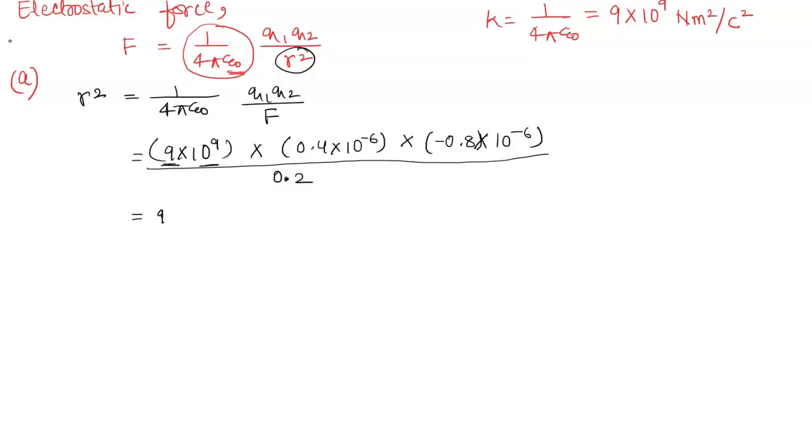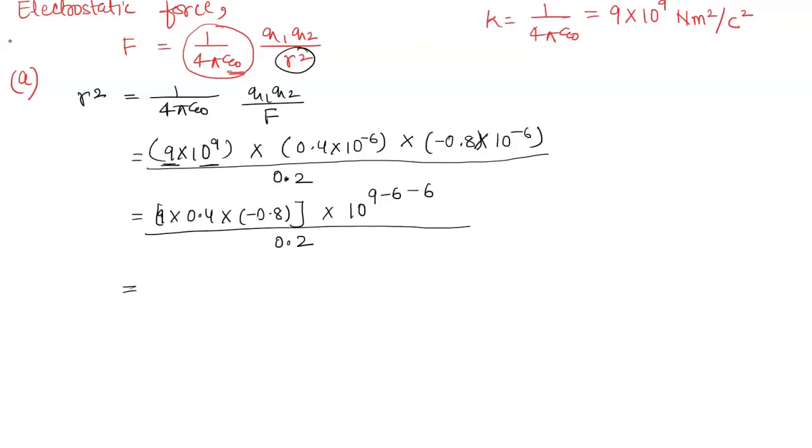The numerical term is 9 into 0.4 into minus 0.8, and for the power term, when multiplying, we add the powers: 10 to the power 9 minus 6 minus 6, divided by 0.2.